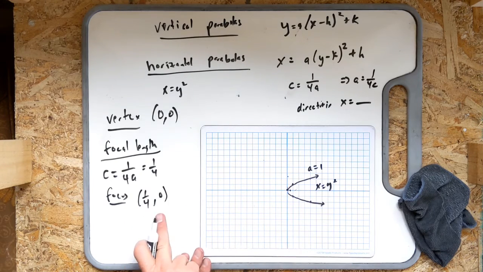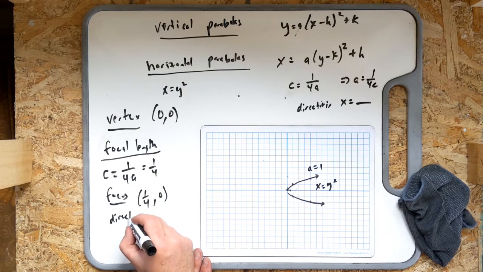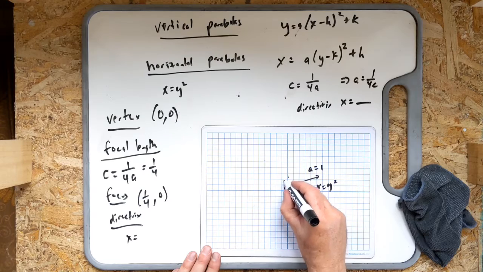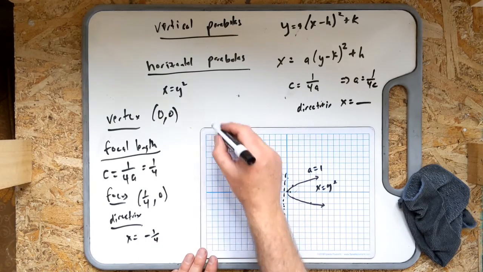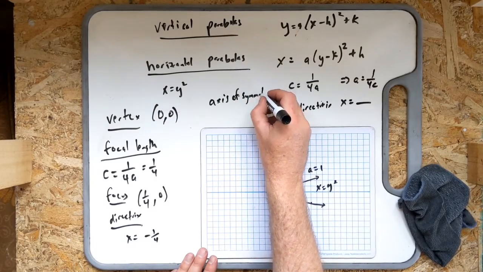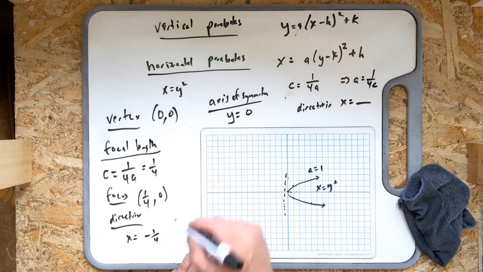Just put the point on and then find out what the point is using coordinate geometry. And then the directrix, remember, is going to be x equals in this case, but just go 1/4 on the other side, and you're at -1/4. And finally, the axis of symmetry is simply the x-axis, which is y equals 0.